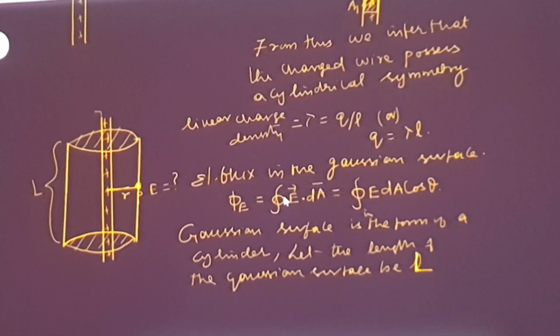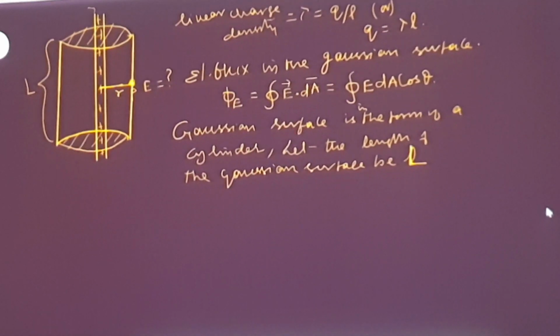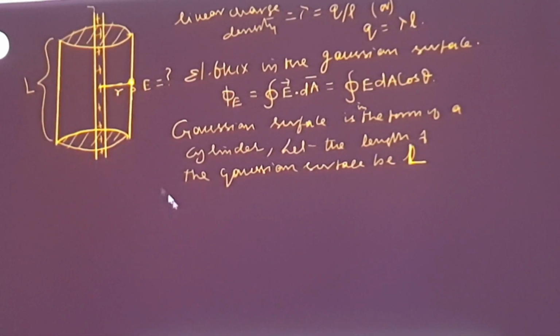Now, how to calculate the flux for this Gaussian surface? The flux phi of E is equal to the closed integral of E vector dot dA vector, which is a combination of three surfaces: one is the curved surface, one is the top end cap, and another one is the bottom end cap.